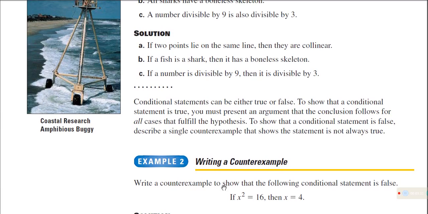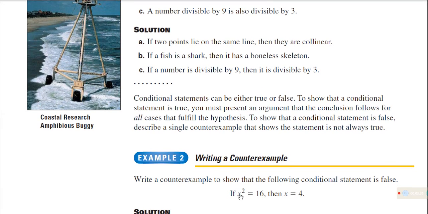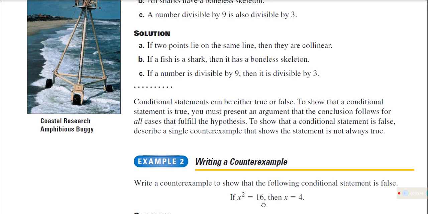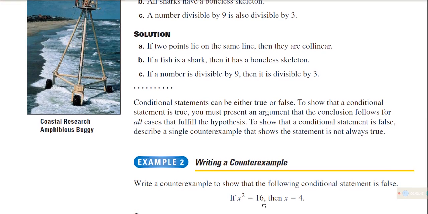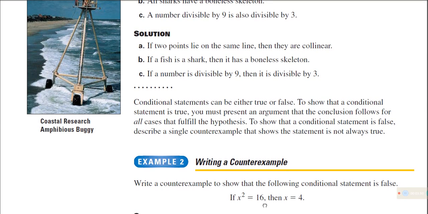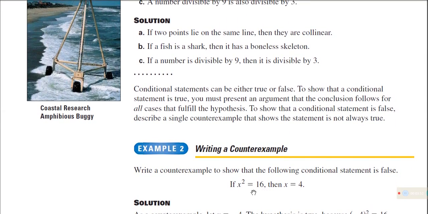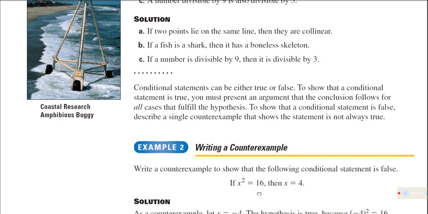So, dito tayo. Write a counterexample to show that the following conditional statement is false. If x squared is equal to 16, then x is equal to 4. We know that 4 squared is equal to 16. But, if you will present the other integer that will be equal to 16, meron tayong negative 4. So, square root of 16 is positive 4 and negative 4.